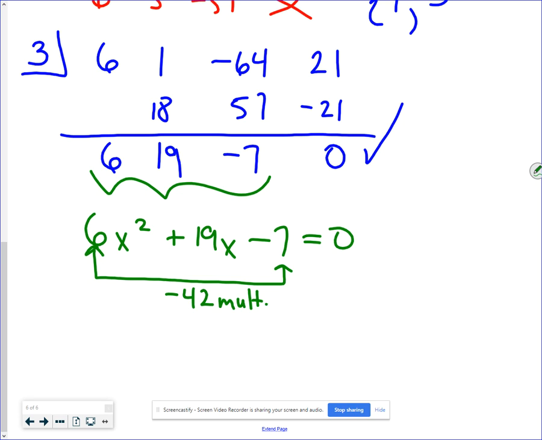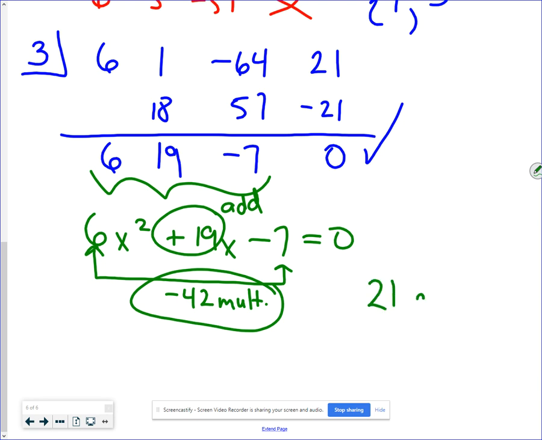Are there 2 numbers that multiply to be negative 42 and add to be 19? It looks like, what about 21 and negative 2? 21 times negative 2 is negative 42. 21 plus negative 2 is 19.